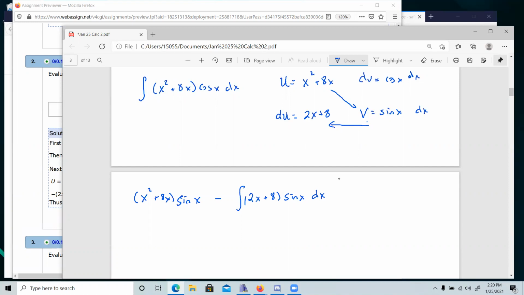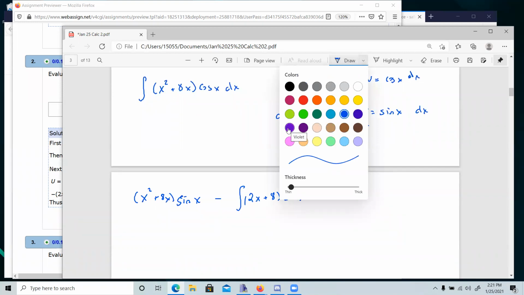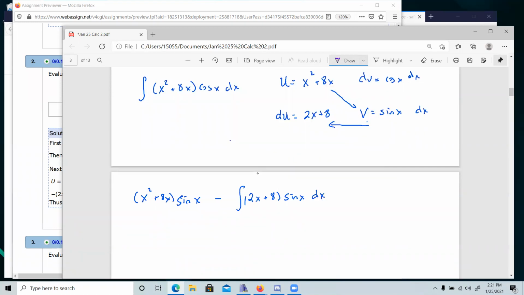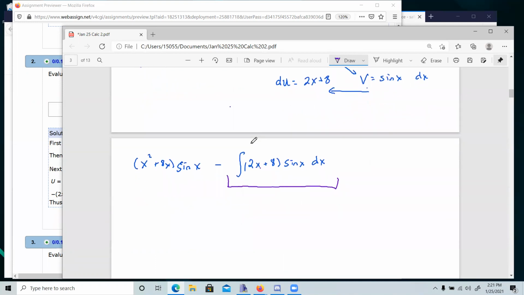2x plus 8. Well, unfortunately, we kind of have the same problem here, don't we? We have another situation here. We have a polynomial times a trig function. So as much fun as doing integration by parts was once, we're going to do it again.